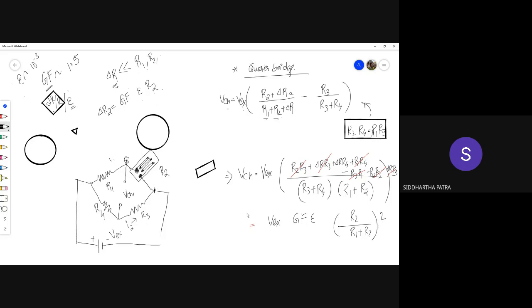I'm also using the fact that R4 divided by R3 plus R4 is essentially R2 divided by R1 plus R2. Now in this expression, if I substitute R2 equals R1, that would mean V change is V external times the gauge factor times epsilon times 1 by 4.